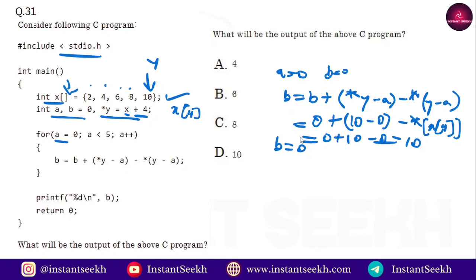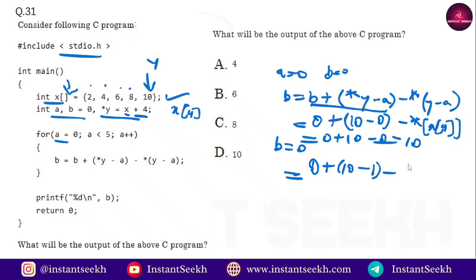Next, now only remember this first part remains the same, only the A value changes. So for A equal to 1, B is 0, right? 10 minus 1. Why? A is now 1.